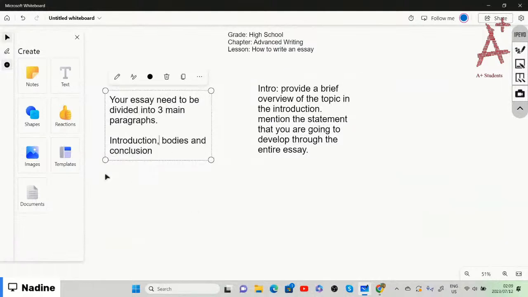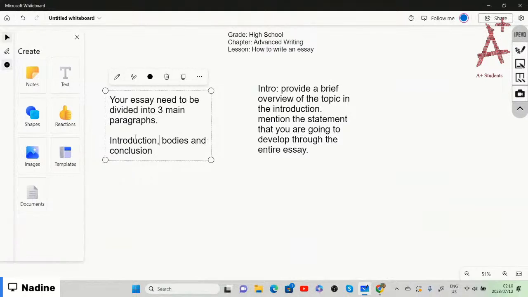Once you go on to grade 11, 12, you will maybe have three different bodies, and the three bodies will also mention things that you need to write in there, and that will give us a broader understanding of what your essay or your topic is about.